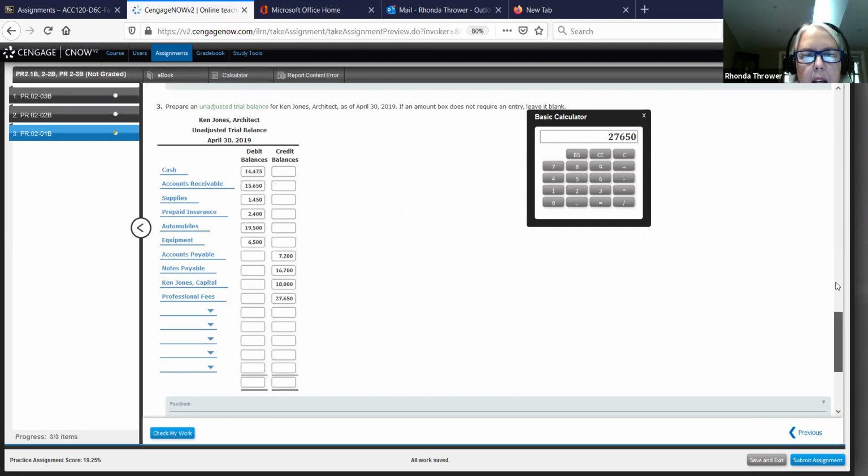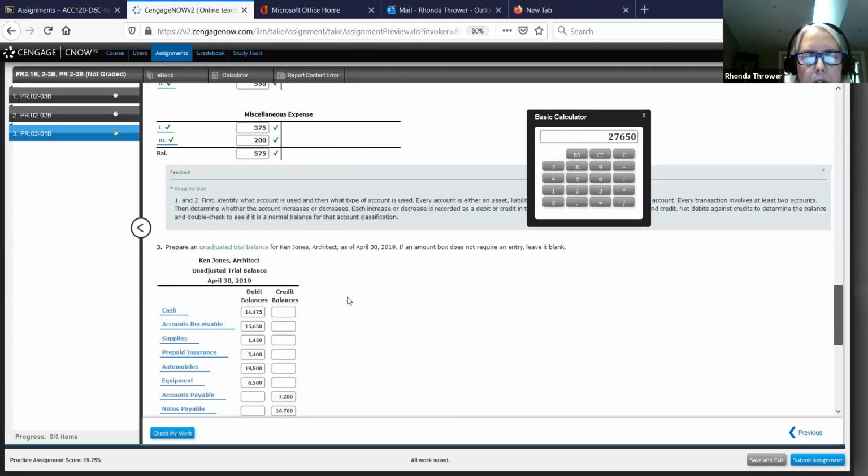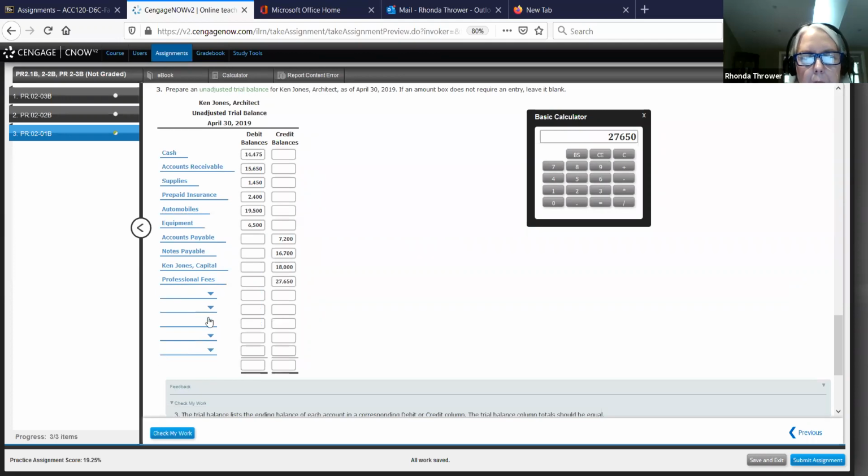The next account underneath professional fees is rent expense. Notice rent expense is over on the debit side. So rent expense of $3,150 goes on the debit side. Make sure you put it on the debit side. That's its balance.